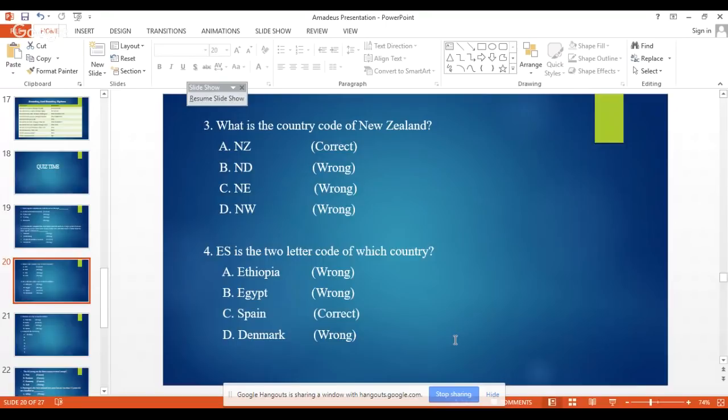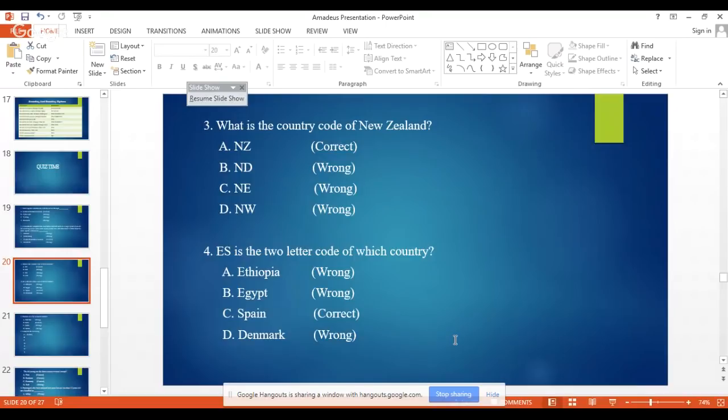B is ND, November Delta. C is NE, November Echo. And D is NW, November Whiskey. The correct answer is NZ, November Zulu. So ND is wrong, NE is wrong, and NW is wrong.